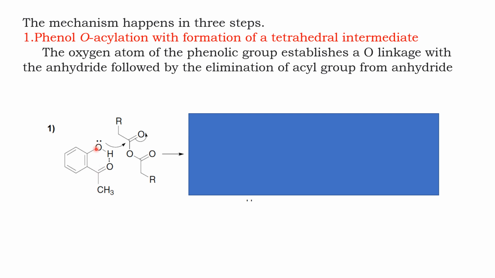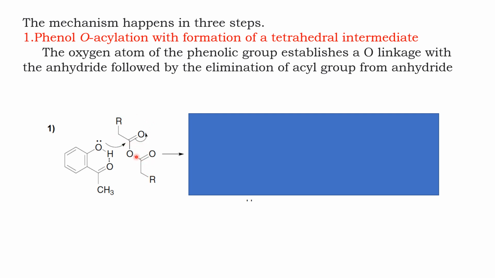Now the lone pair of electrons present on the phenolic oxygen attacks the carbon atom of the anhydride having C double bond O. This is an acyl group. So it attacks the acyl carbon atom of the anhydride.